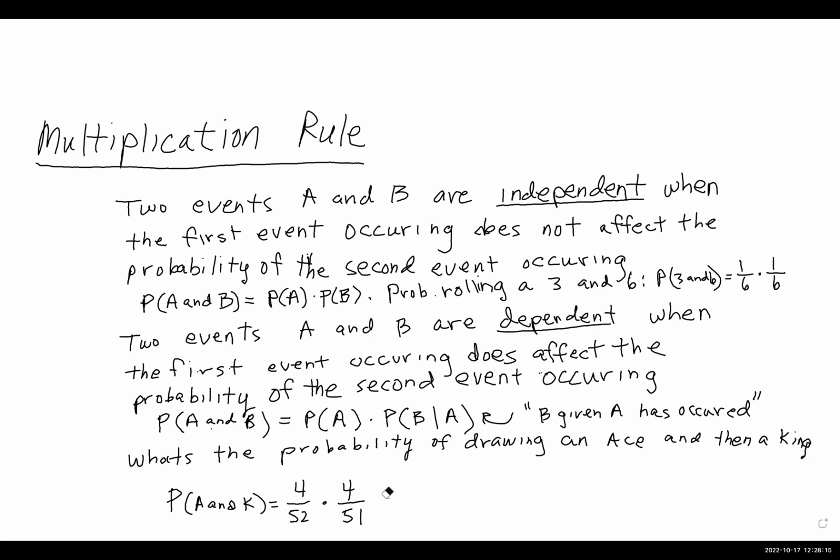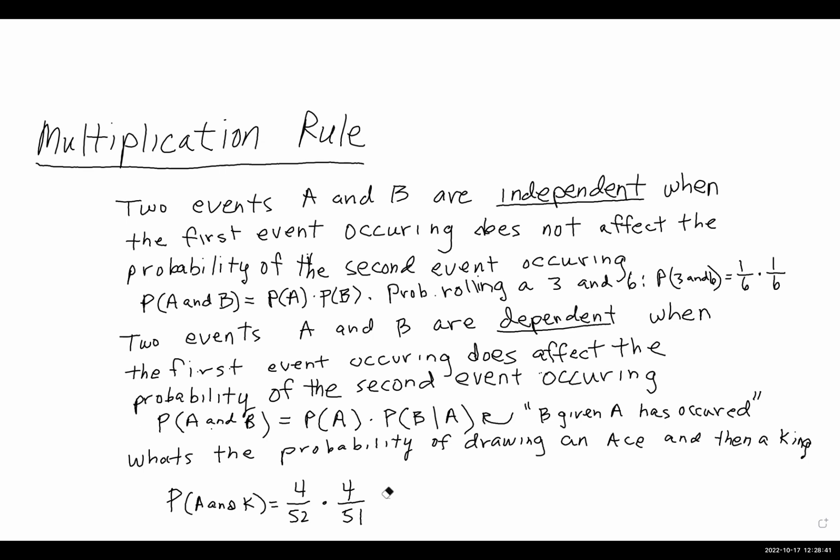We shuffle it, then we draw a king. So the deck would be the same size, 52. That's kind of an awkward way, I think, to do independent events, because there's very few card games where you look at your cards and put them back in the deck. I guess card tricks do that sometimes.